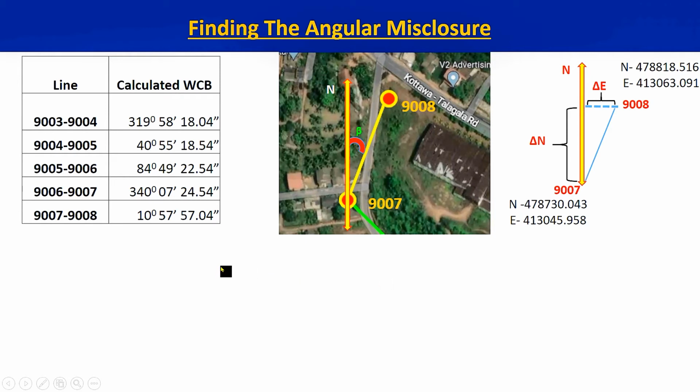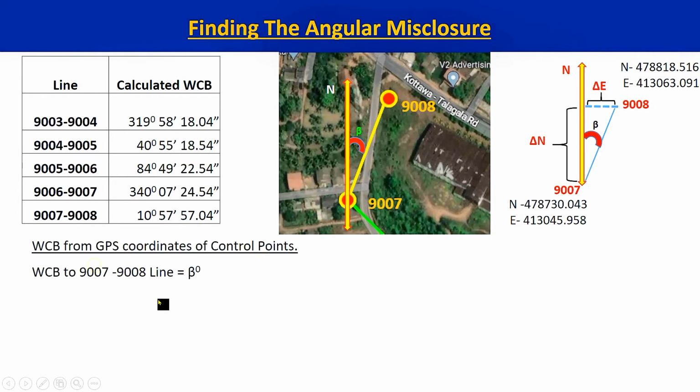So this WCB from GPS coordinates of control points can easily be taken as the beta angle. So tan beta is equal to delta E upon delta N. So we can get the easting coordinate difference by deducting the easting coordinate of 9007 from 9008, and we can get the delta N value by deducting the northing coordinate of 9007 from the northing coordinate of 9008.